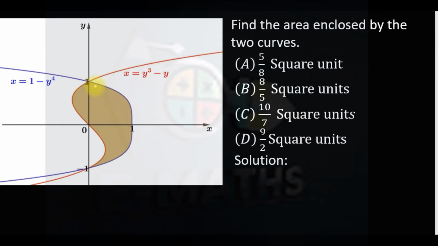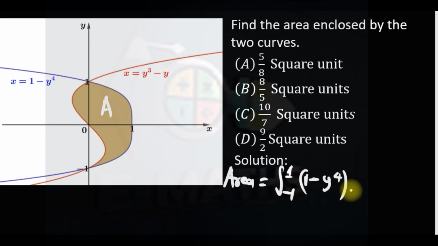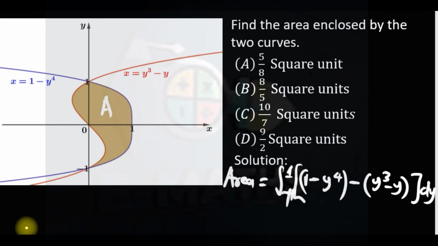So the area we are looking for is equal to the integral from -1 to 1 of the right function, which is 1 minus y raised to power 4, minus the left function, which is y cubed minus y, dy. So once we integrate this, that's the answer.